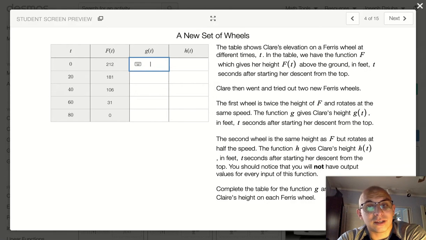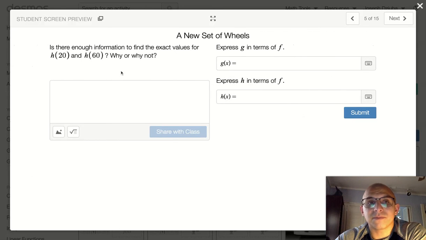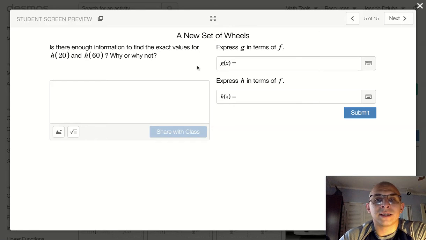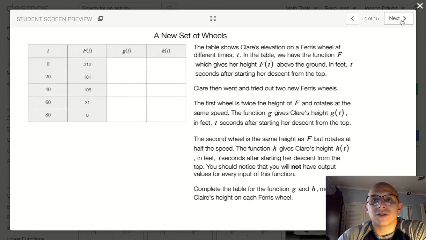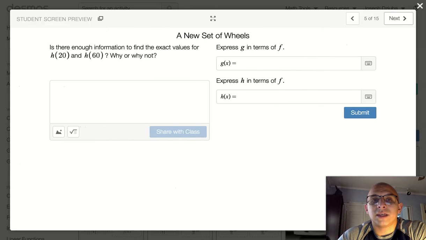You should notice that you will not have output values for every input of the h of t function. I would probably pause the video here because if you move on to the next slide, you're asked to determine if there's enough information to find exact values for h of 20 and h of 60, why or why not, and then expressing both of those functions from the previous screen in terms of f.